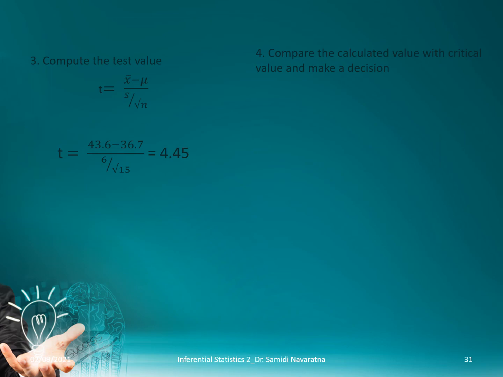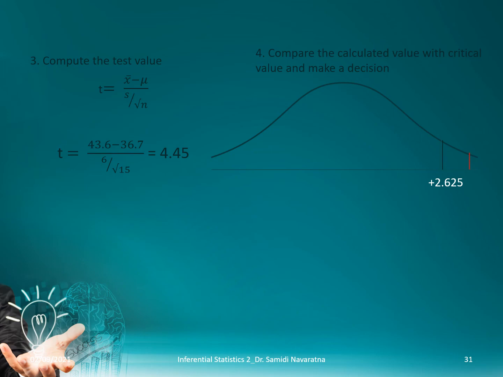Let's look at the null distribution again. So our critical value is here at plus 2.625 and the calculated value will fall somewhere beyond the critical value in the critical region. So this is the critical region beyond the critical value.